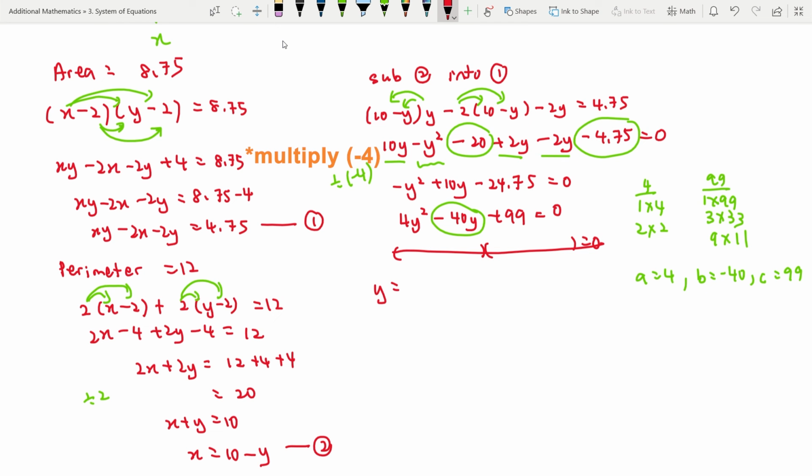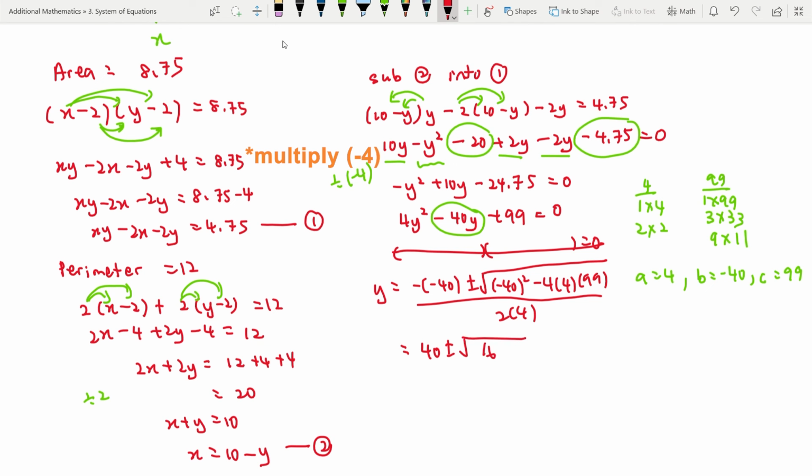Y is equal to negative b plus minus square root b square minus 4ac over 2a. Simplify the equation, we will get 40 plus minus square root 16 over 8, which is 40 plus minus 4 over 8.